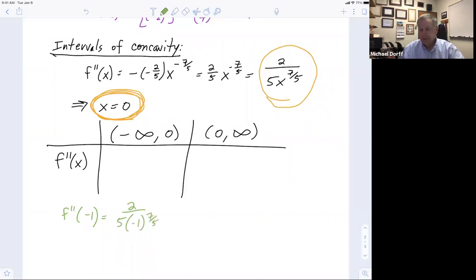I take negative 1 to the 7th power. That's negative 1. Now I take it to the 1/5 power. I still get negative 1. And this is going to equal 2 over 5 times negative 1, or negative 2/5. So this is negative. So we have negative, frowny face. So it's concave down.